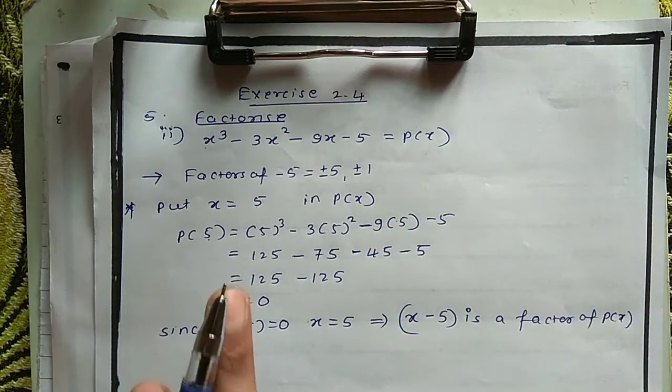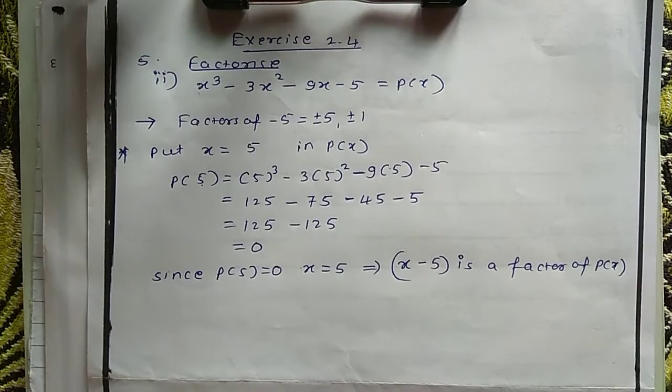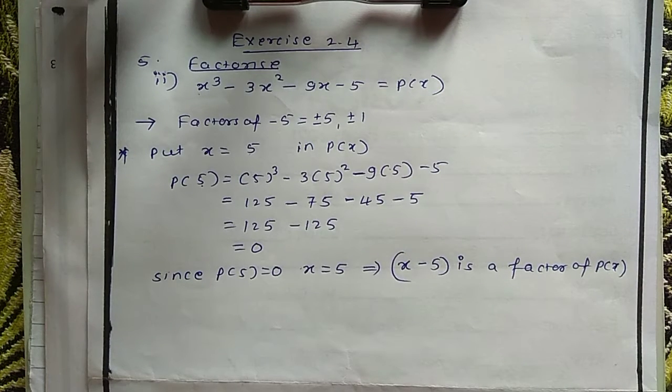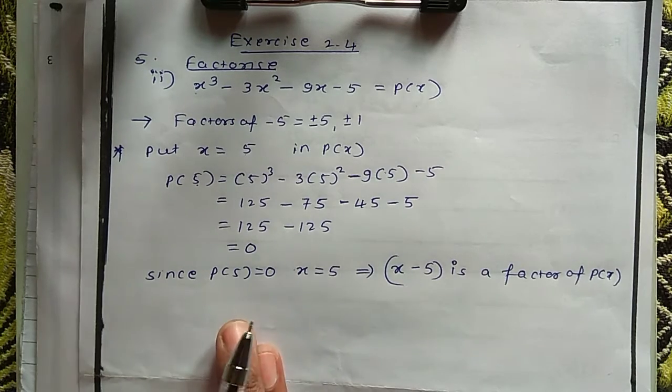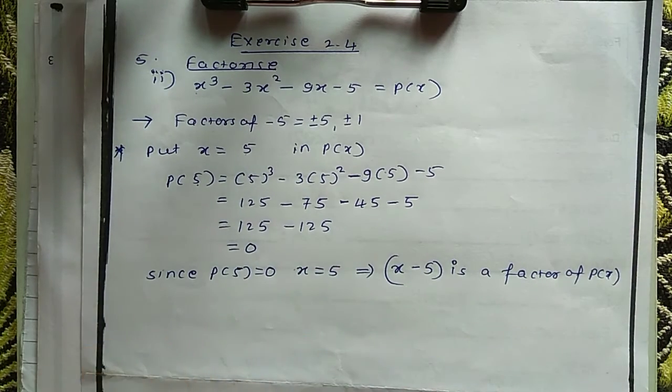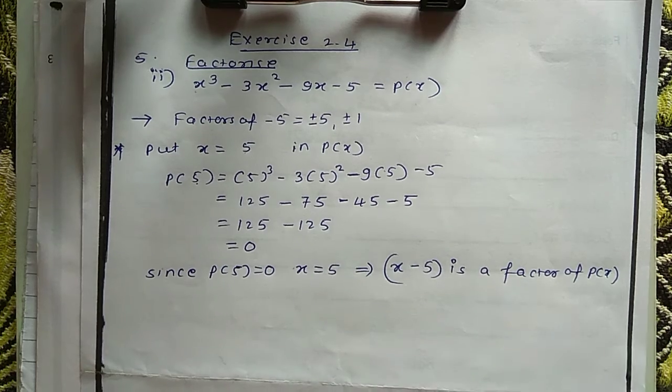So if you get at least one factor, then you can use the division method to find the remaining factors. Why do you have to learn the division method in 9th standard? Because the same division method is there in 10th standard, so it will be useful for you. Try to find the remaining two factors using the division method.